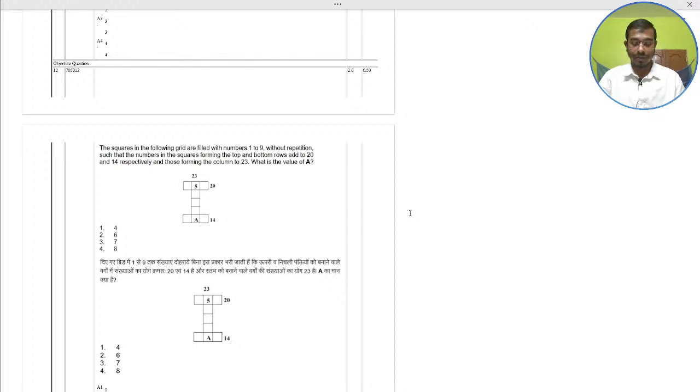So what is the value of A? Okay, this is basically homework for your practice. I give you the answer: option 3 would be the correct one.